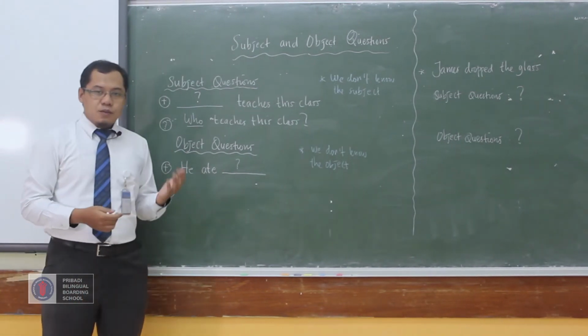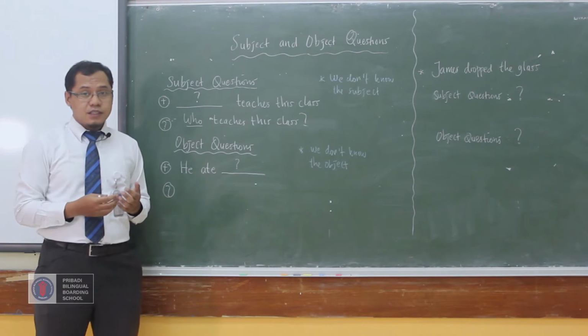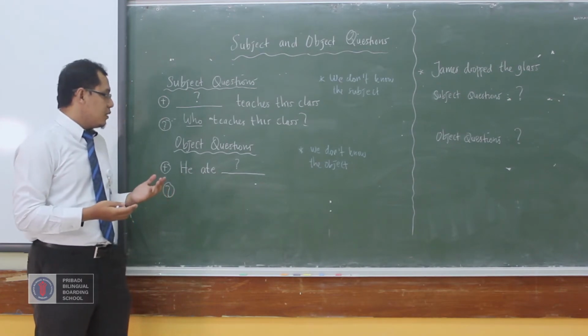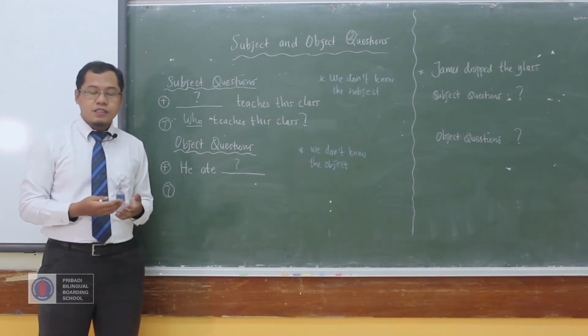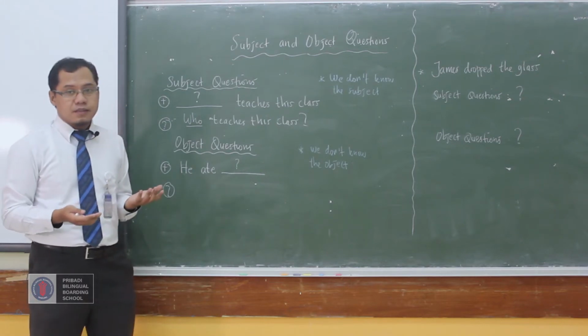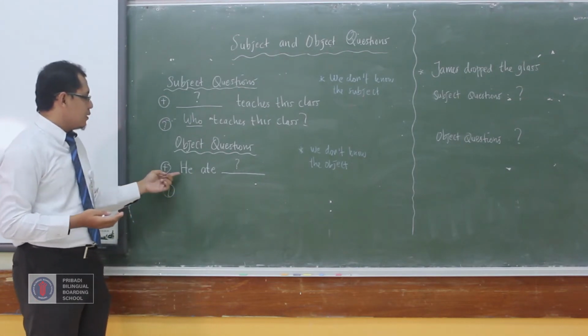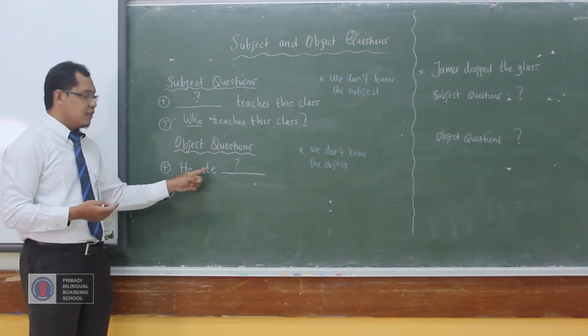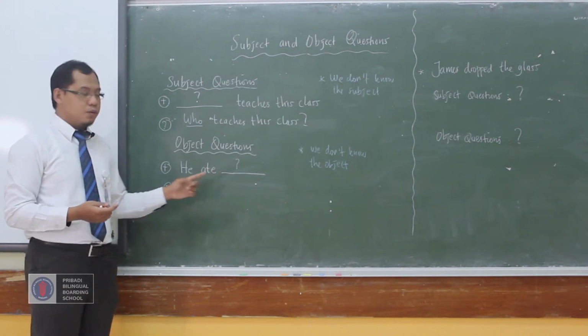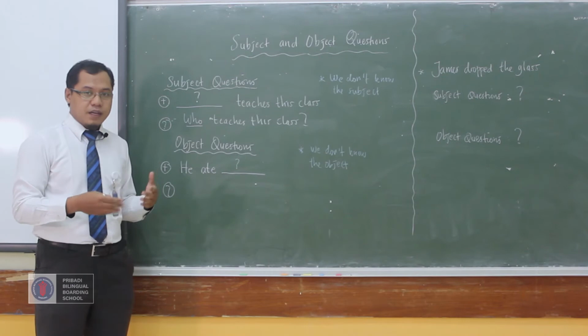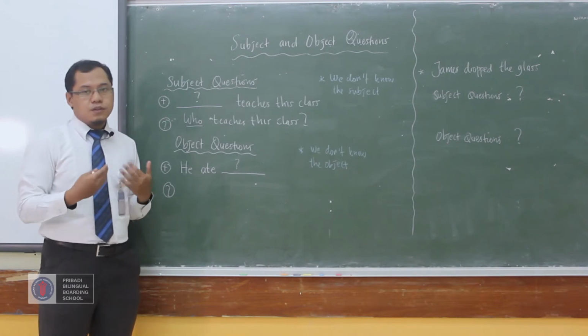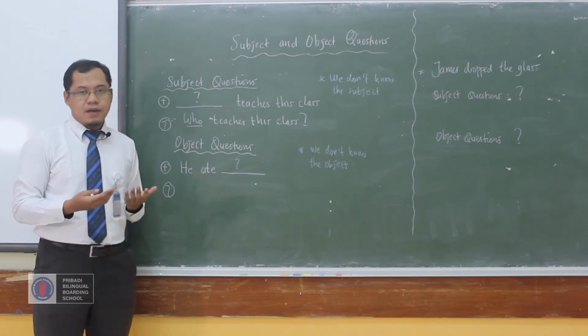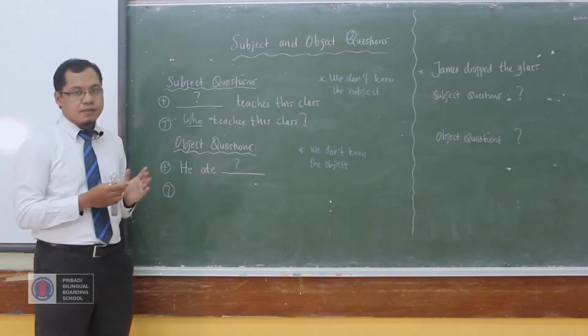Similar to subject questions, we call them object questions because we don't know the object. For example, in the sentence, he ate something. We don't know what he ate. That is why we want to ask about the thing that he ate.